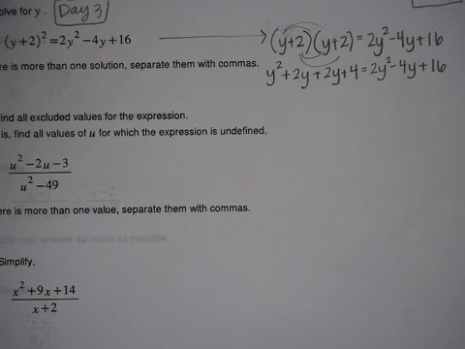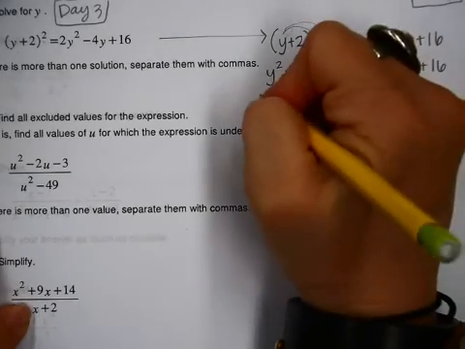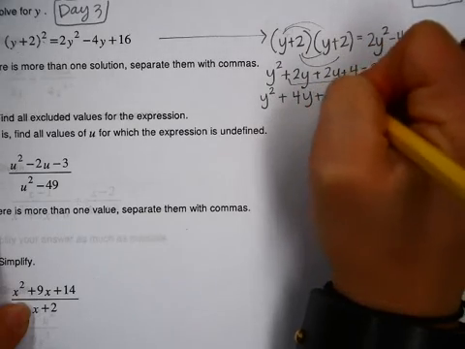Alright, now what do we do at this point? I know it's been a whole week since spring break, but what do we do at this point? Get everything on one side and combine like terms, absolutely. So we know we're going to go ahead and combine those, so that's going to give us y squared plus 4y plus 4.